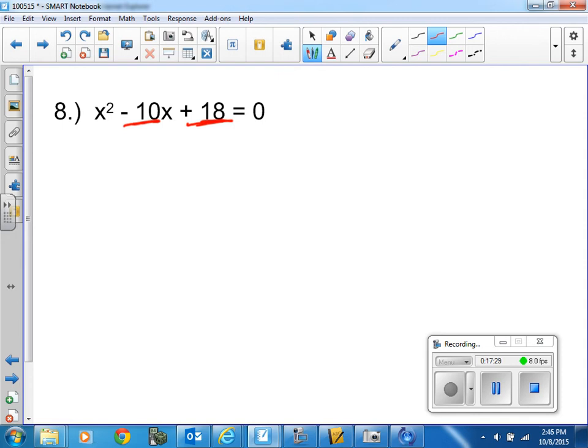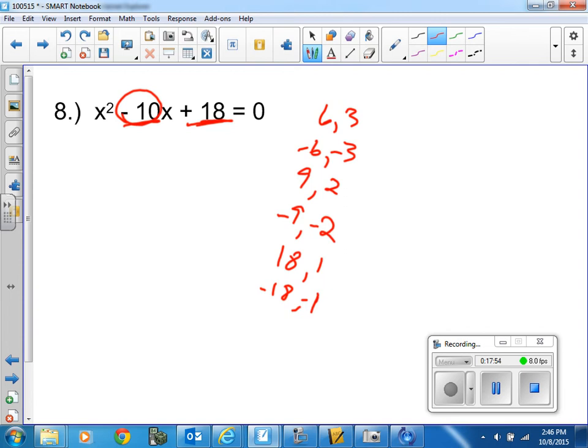I'm thinking for 18, you have 6 and 3, -6 and -3, 9 and 2, -9 and -2, 18 and 1, -18 and -1. They all multiply to +18, but none of them add up to our -10. So this is not factorable.